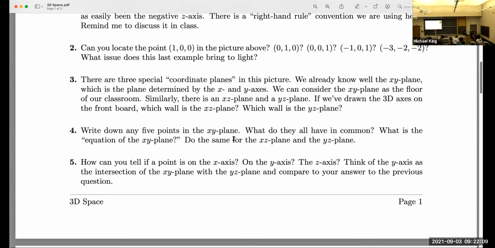So maybe you three, the back left, back middle. You can be at the front, or maybe the front right, that little board over there.